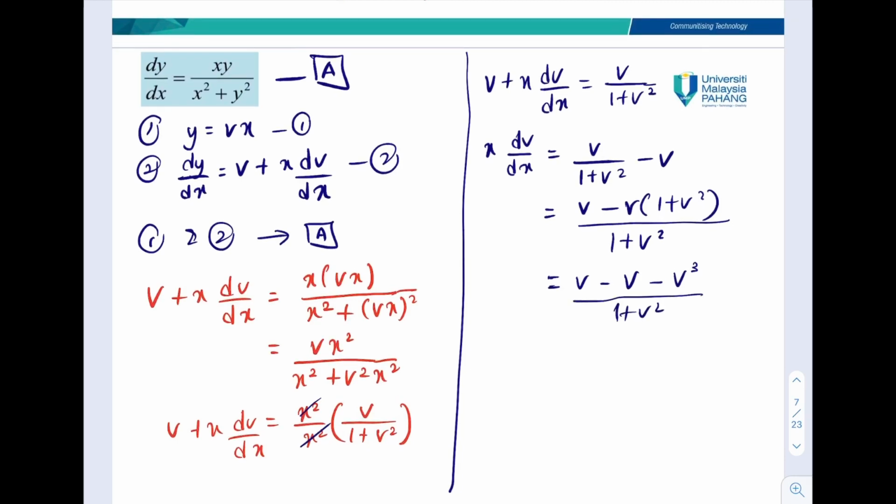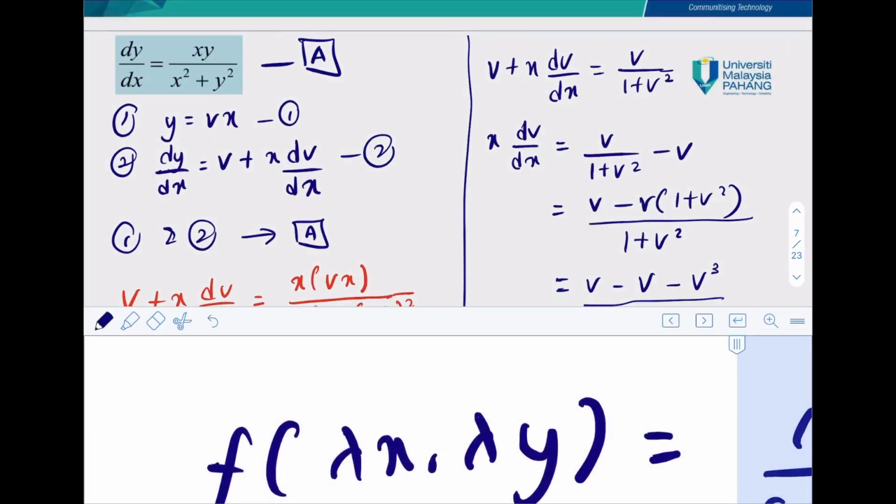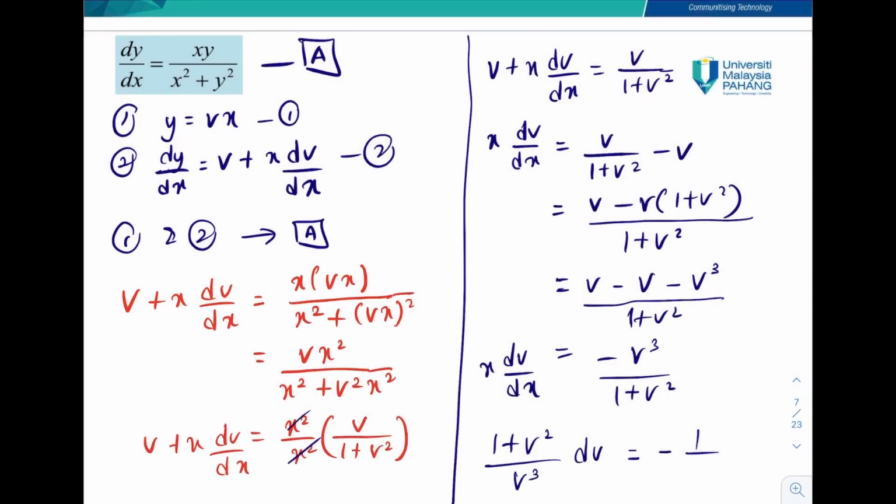Then we simplify, minus v cubed over 1 plus v squared. At this point we can do the separation. 1 plus v squared over v cubed dv equals, I leave the negative notation at the right side, minus 1 over x dx.